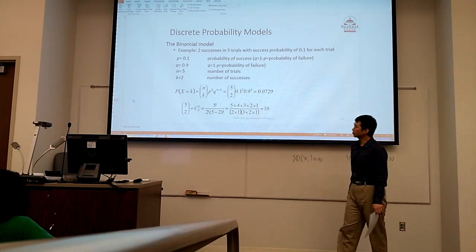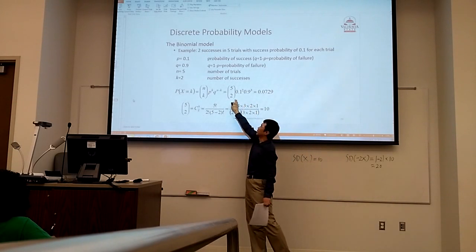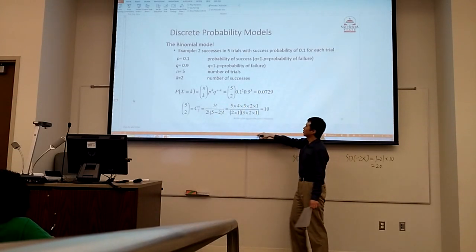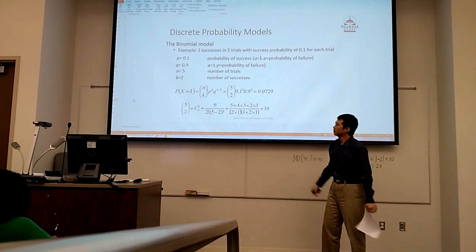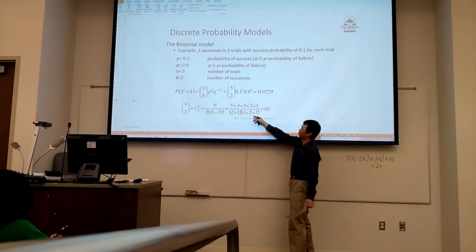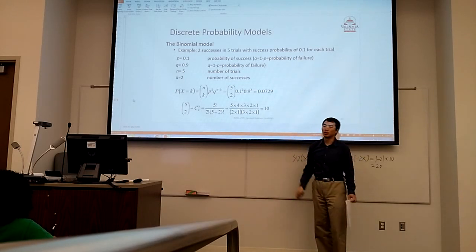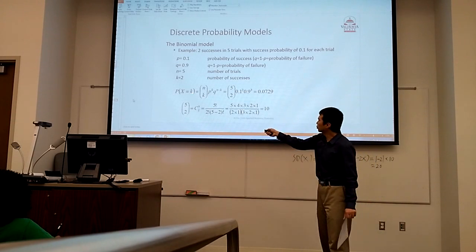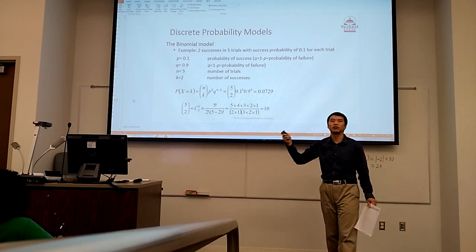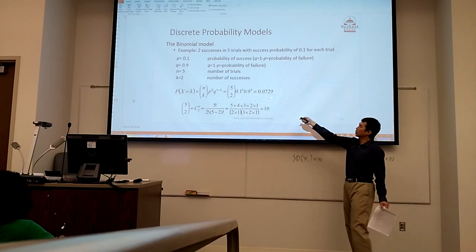Then if we plug the numbers into this model, we can do some calculation by hand or with a calculator and so on, and we can get this probability: the probability of having 2 successes out of 5 Bernoulli trials.